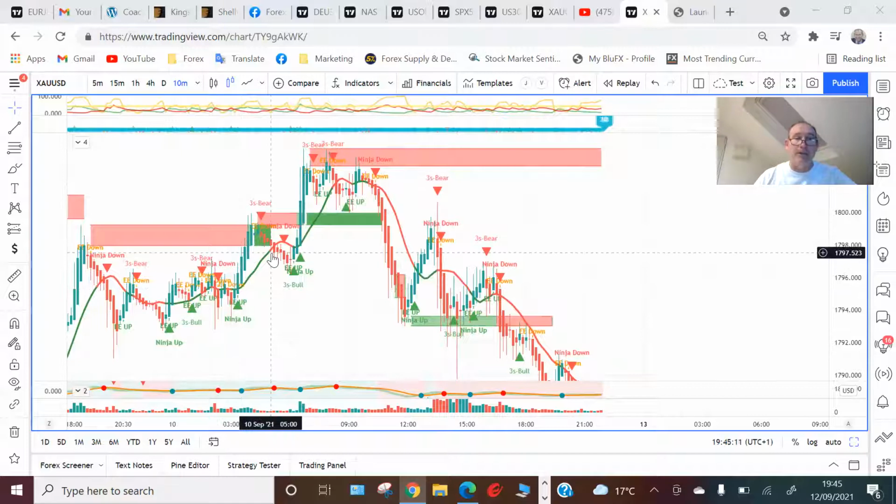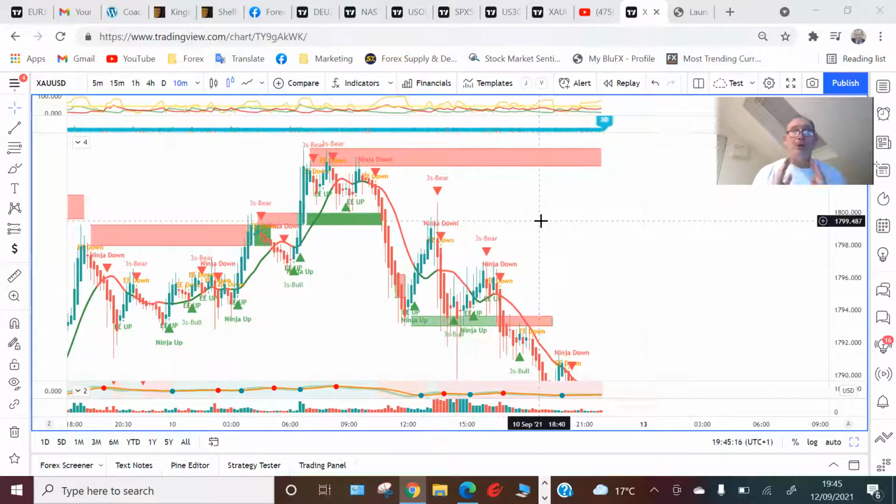If the trend is green, it means up, and if it's red, it means down. So all we're doing, ladies and gentlemen, is matching the colors. Green for a buy and red for a sell.